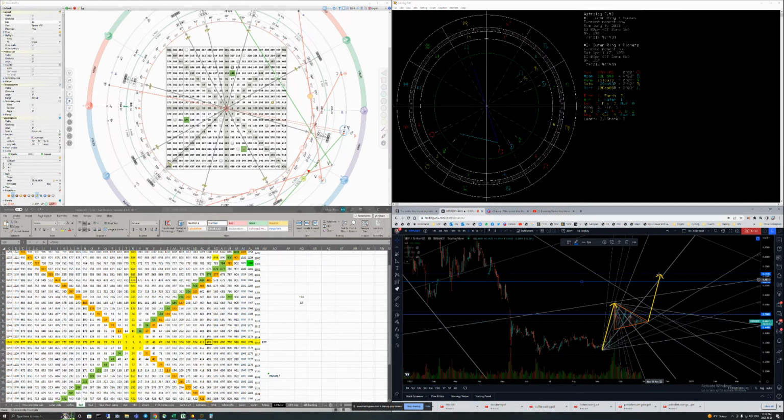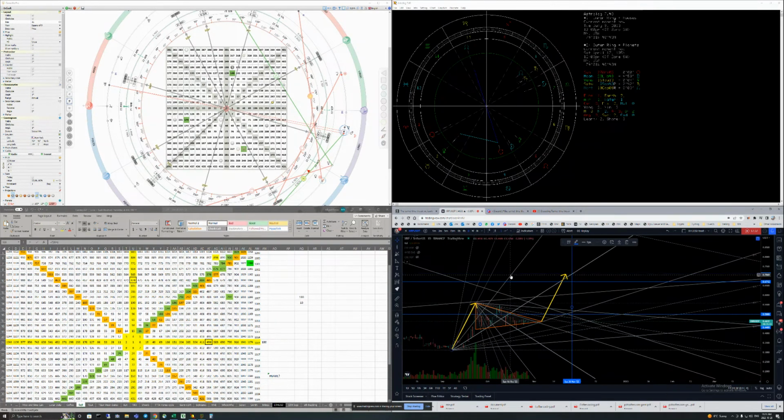We've got a price and time angle, and it looks like we're just a little bit off. We're looking at a date to watch, which will be, so every time one of these hatches cross, that is a squaring of a time level and a price level, right?